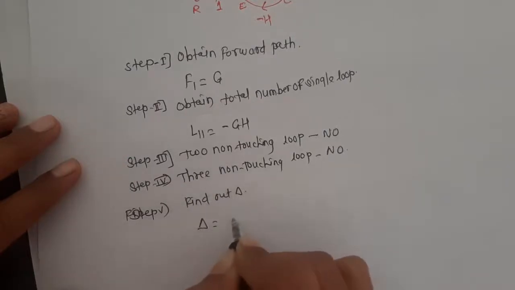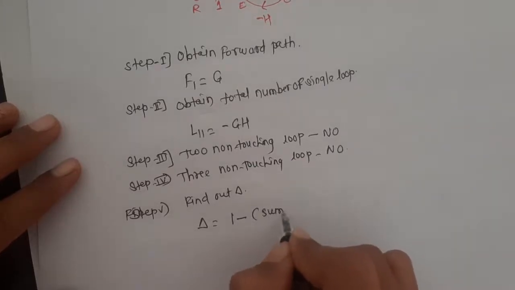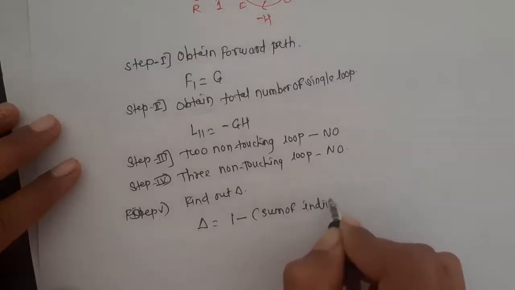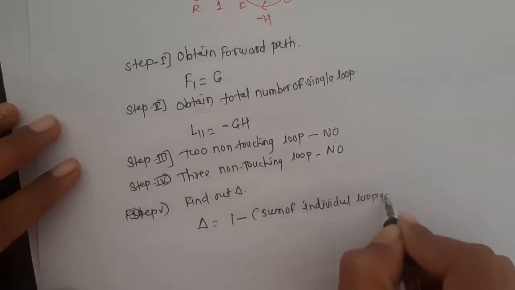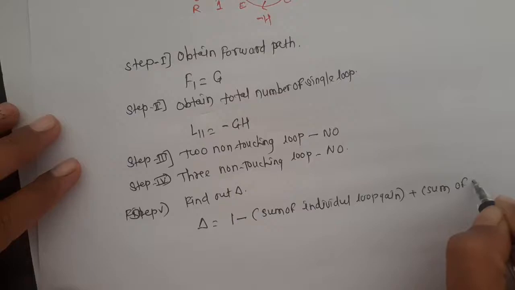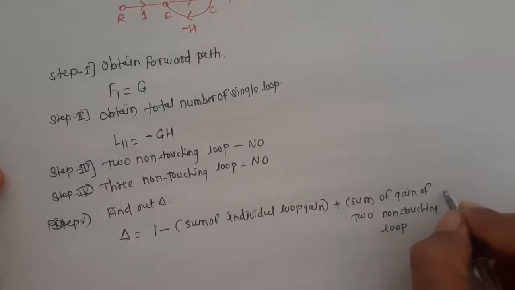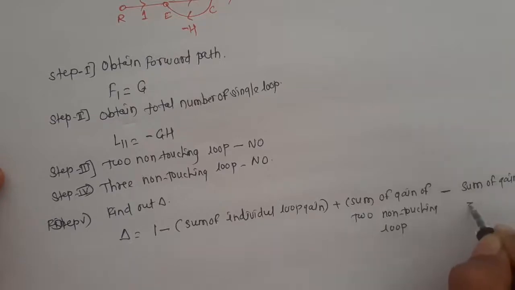By using the formula, Del is equal to 1 minus the sum of all individual loop gains, plus the sum of gains of two non-touching loops. Its value is 0 because no two non-touching loops are present. Minus the sum of gains of three non-touching loops, its value is also 0.